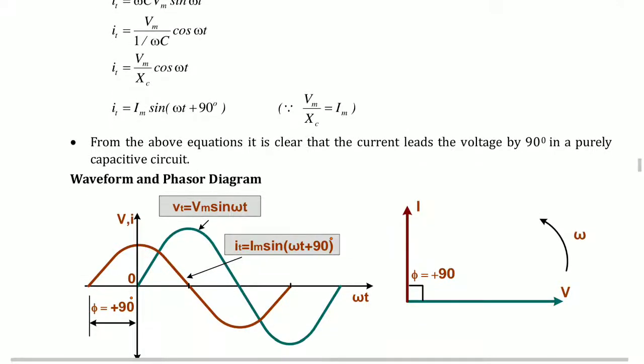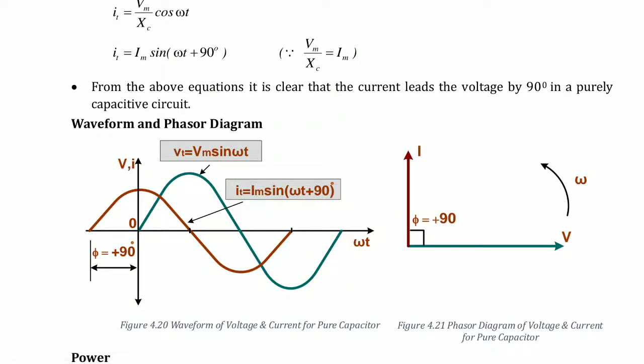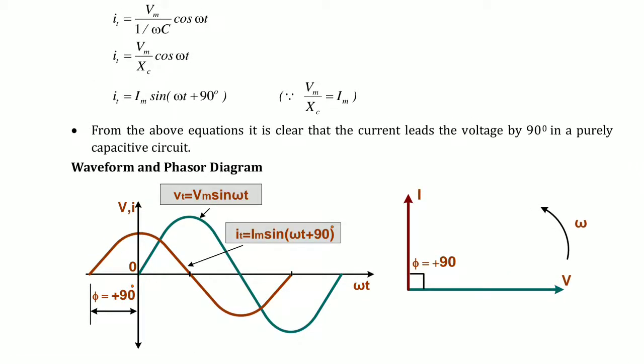So waveform and phasor diagram, observe here the waveform and phasor diagram. The voltage is taken as reference, so V is equal to Vm sin omega t. The waveform starts at 0 degrees, but the red color waveform, the current, starts before 0 degrees, that means plus 90 degrees. Here in this circuit the current is leading the voltage by 90 degrees.